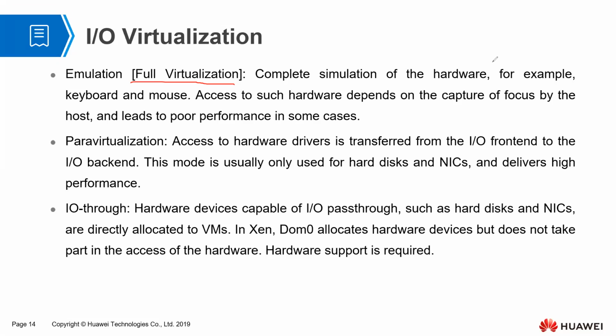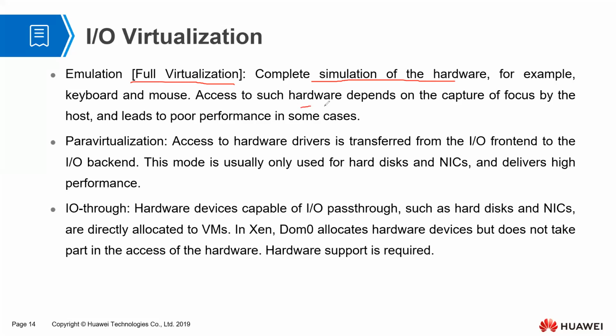So here, there's a complete simulation of hardware, for example, keyboard and mouse, all these input and output devices. They are fully emulated, and our virtual machine thinks it is directly accessing these hardware resources, but in actual sense, it is the hypervisor accessing them on its behalf.